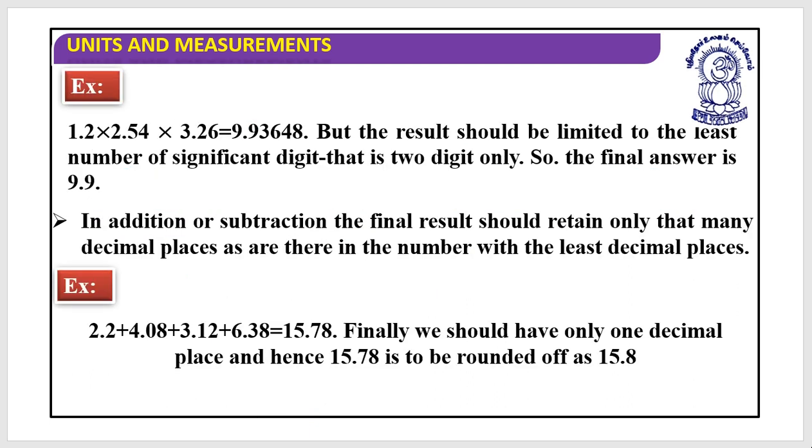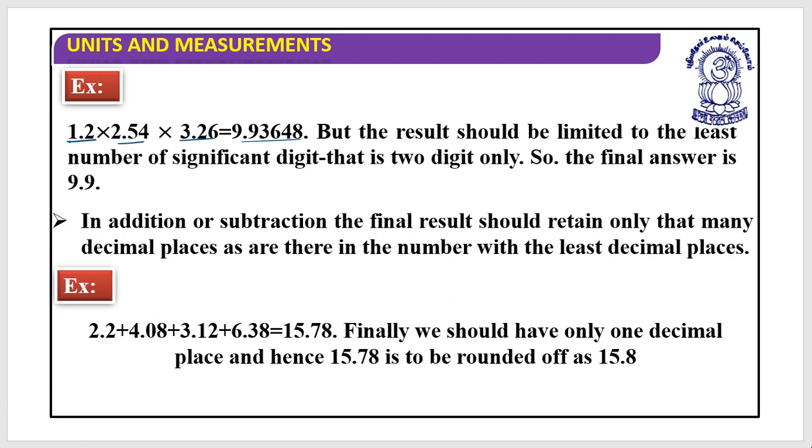So let's look at this. Suppose the number is this: 1.2 multiplied by 2.54 multiplied by 3.26, and the answer comes this much. Now what should be the correct answer according to the significant figures rules?